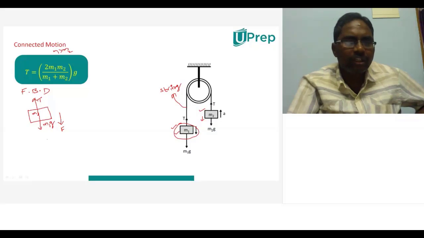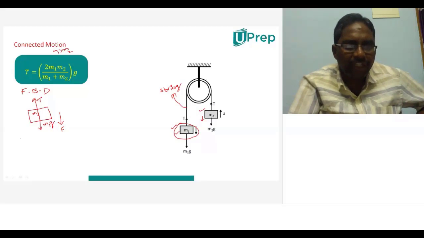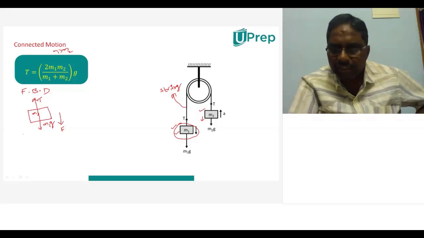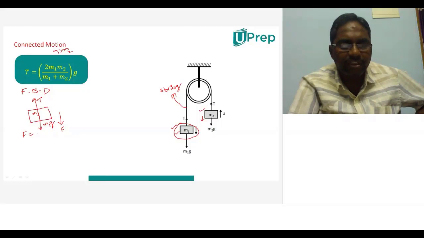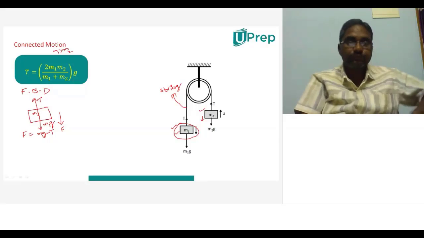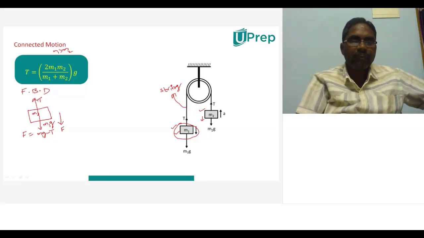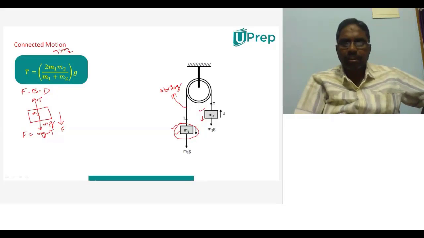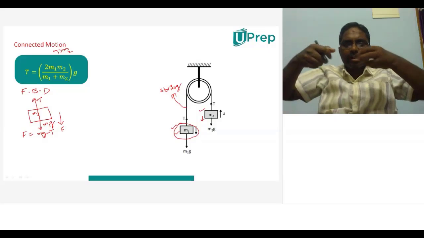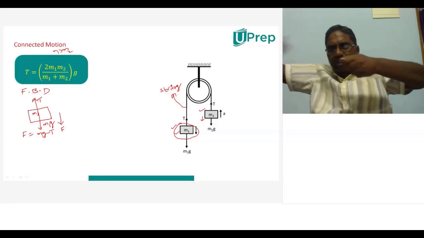So let us think the net force acting on this mass M1 in downward direction is F, and can I write F is equal to M1 g minus T?